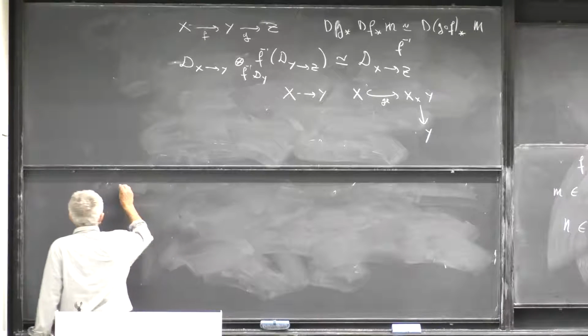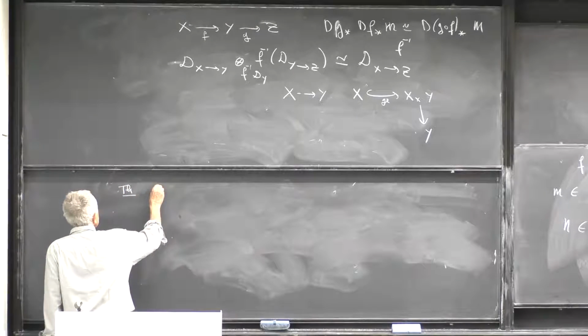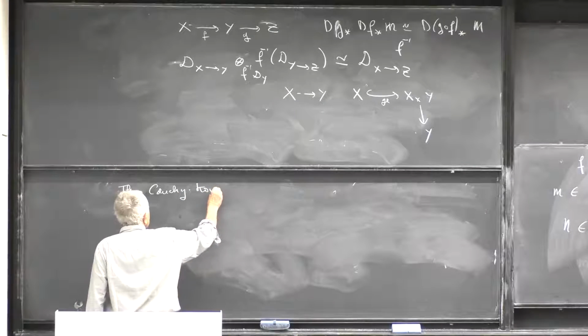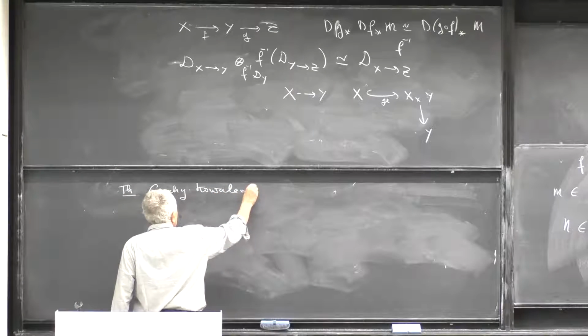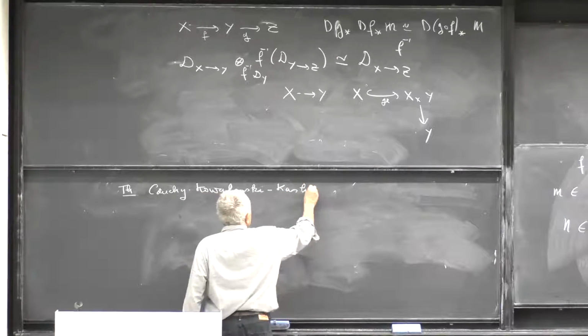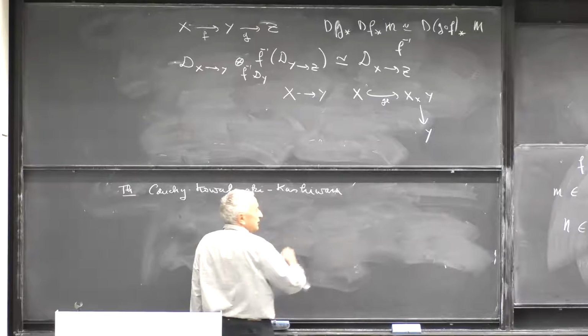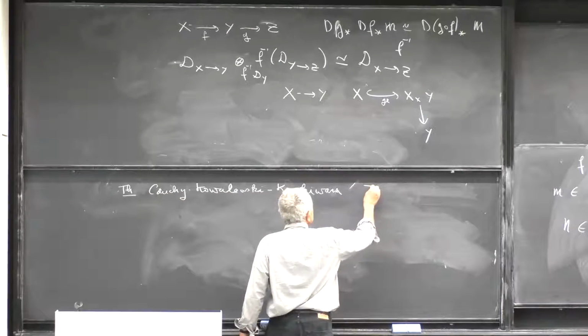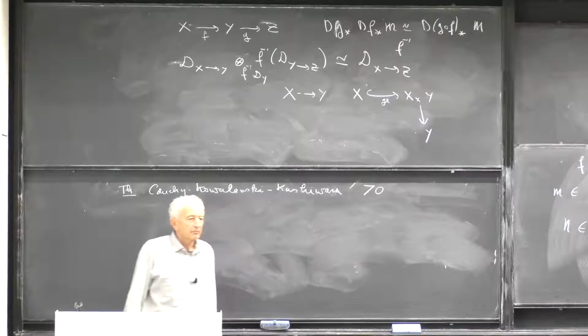So the first theorem is Cauchy-Kovalevsky-Kashiwara, because it's Cauchy-Kovalevsky extended to D modules, and it is in Kashiwara's thesis in 70.